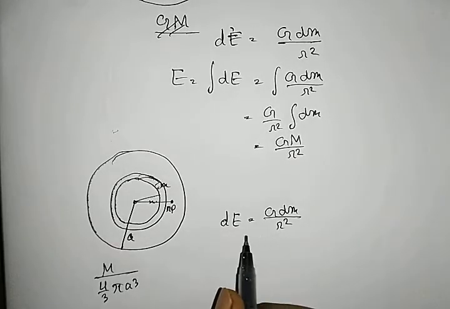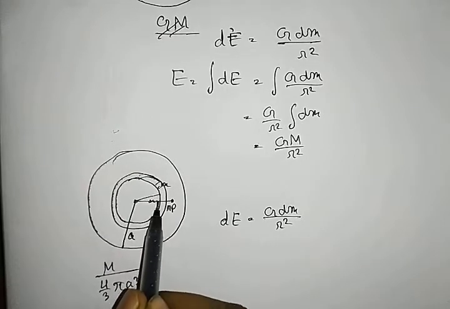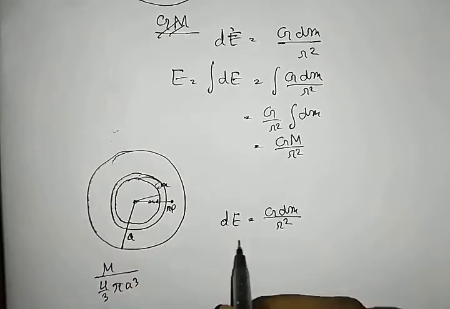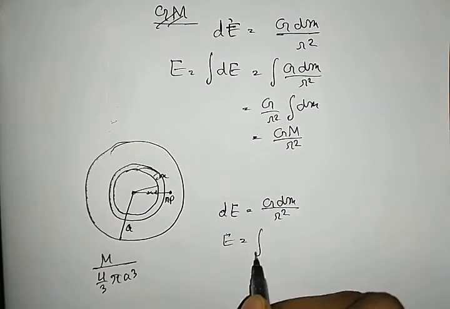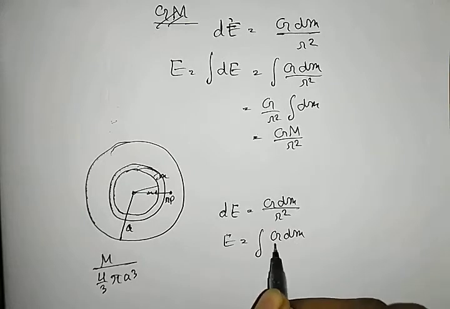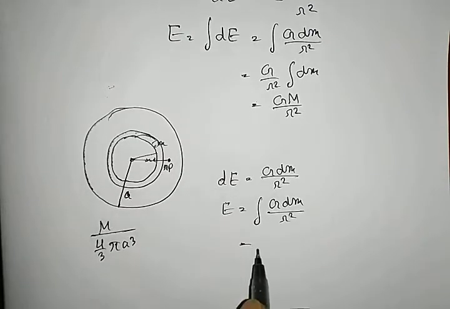So for this case, this gravitational field will be located in this direction, and the total field we can calculate as equal to integration G dm by r squared. Again here we can take this G by r squared outside this integral.